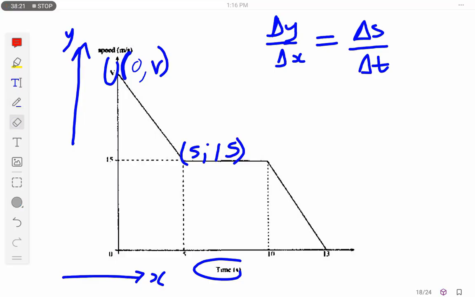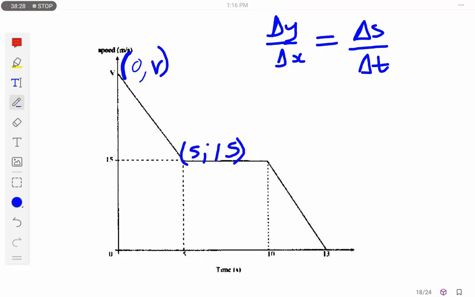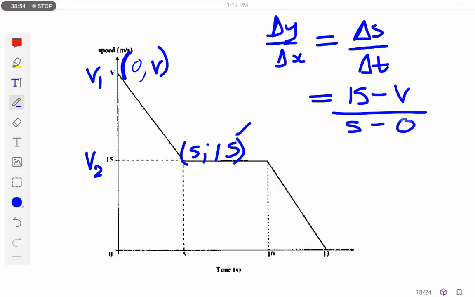Okay, so let's finish that. At the end of the day, if we use either one of those, for the first one, we have this as my initial v, v1, and v2 there. So it's going to be v2, which is 15, minus v, over, in terms of time, 5 minus 0.